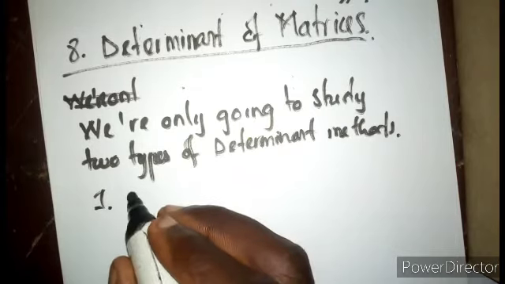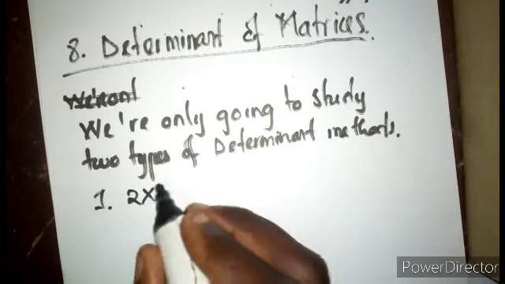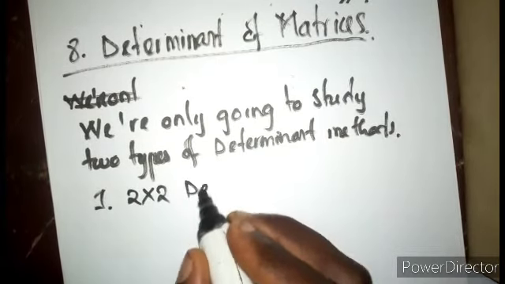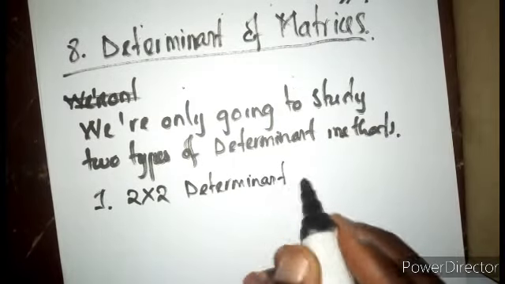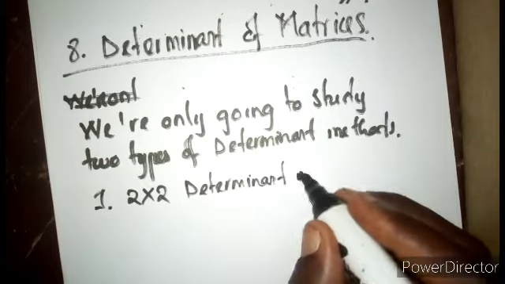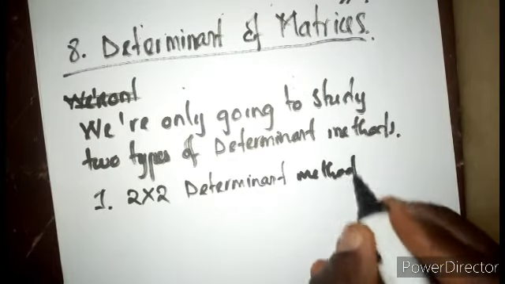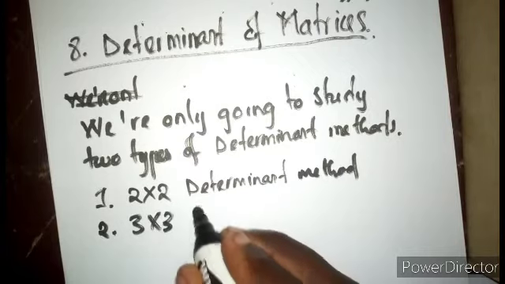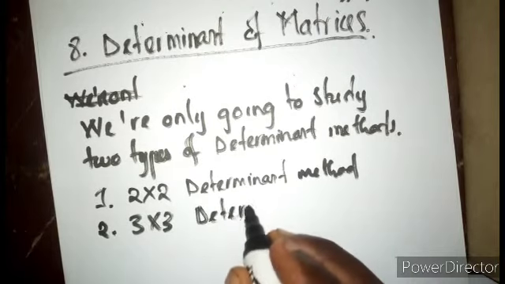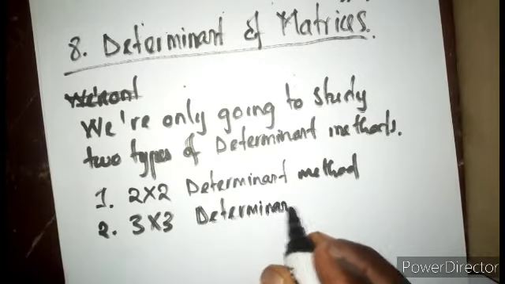The first one is the 2 by 2 determinant method, and the second is the 3 by 3 determinant method.